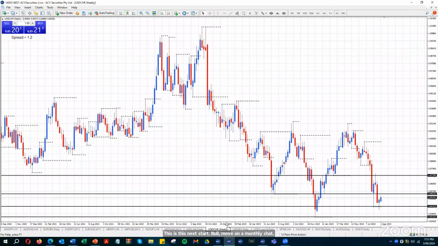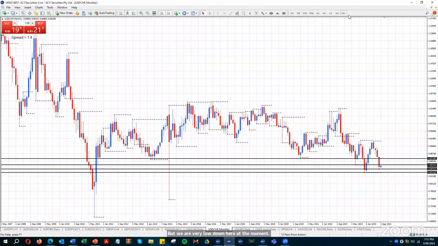All right, dollar franc. We're actually back down, false breaking weekly support down here at the moment, so weekly reversal. Weekly trend is still down, lower top, lower bottom, but we are very low down here at the moment. Go to the monthly chart, within historical price action, we're very low down here.